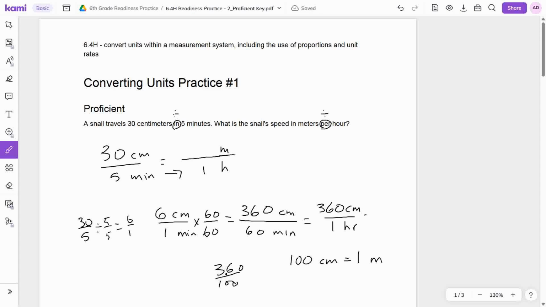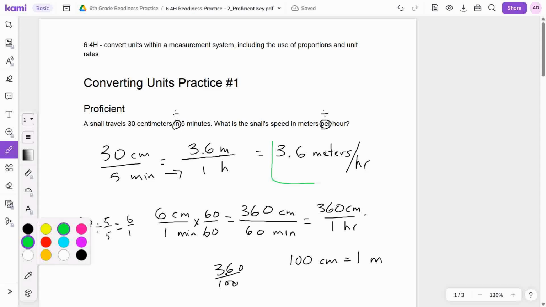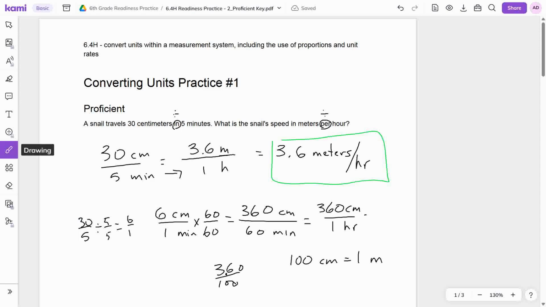If 100 centimeters equals a meter, I've got 3 full meters in there, and then I've got some left over, so it's actually 3.6, or 3.60, but we don't need that last 0. So we can say it like this, 3.6 meters per hour. And so that snail has that rate in meters per hour.